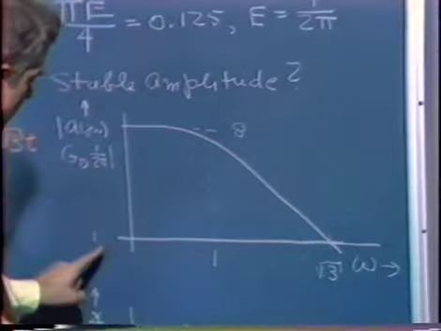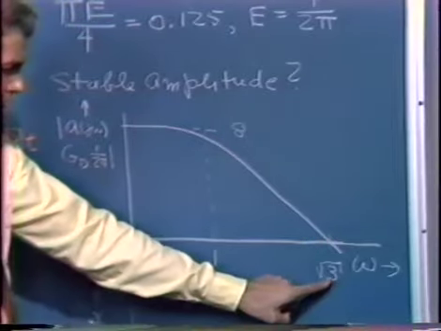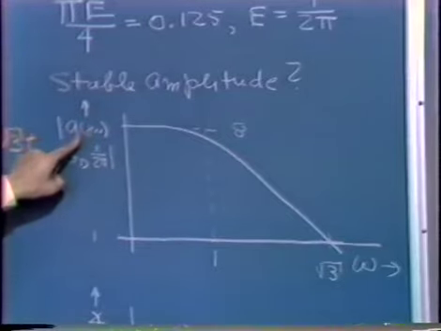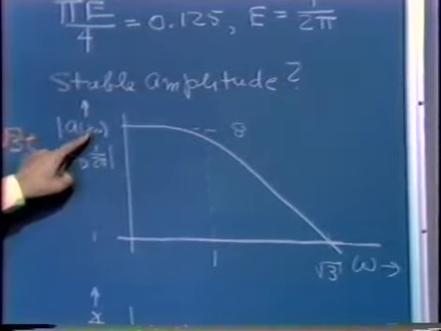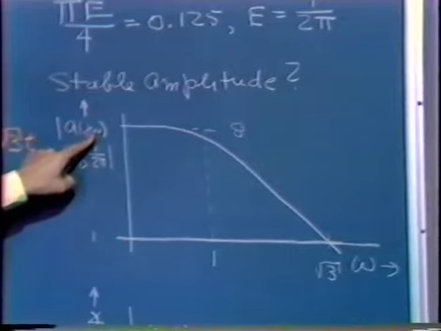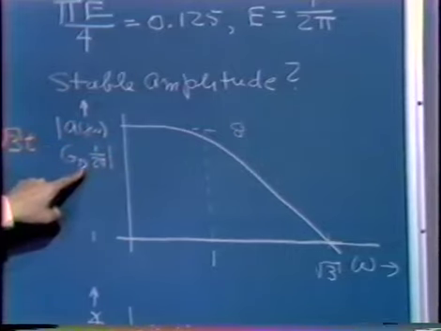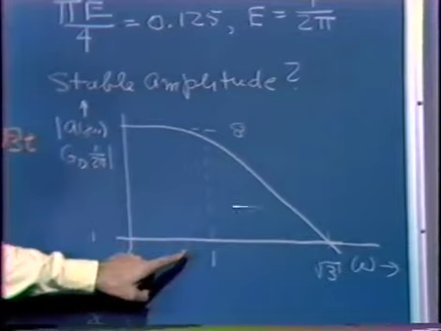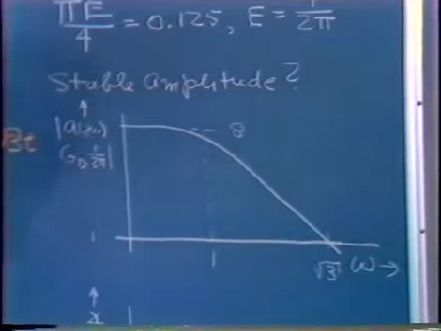It rolls off to unit magnitude by radical 3 radians per second, because A of j radical 3 is equal to 1/8. That combines with the magnitude of g sub d of 1 over 2 pi, which is 8, to give us a unit magnitude for the product at radical 3 radians per second.